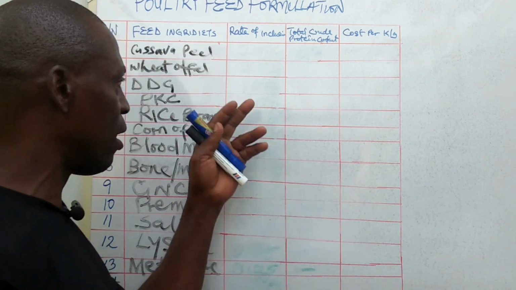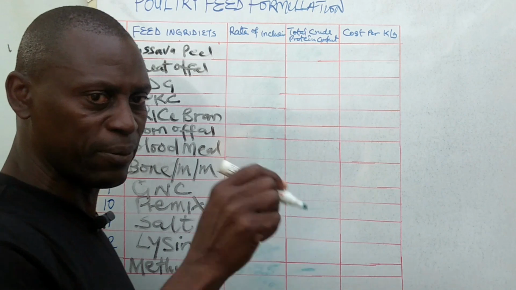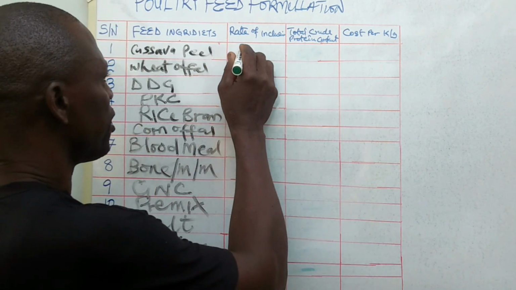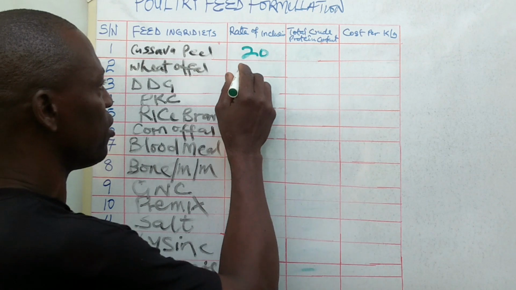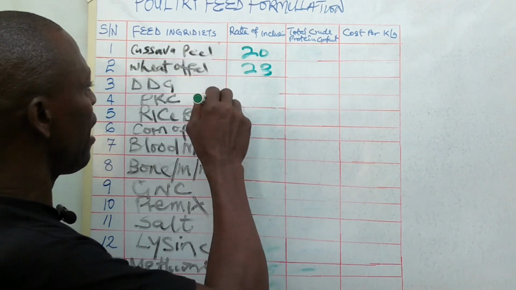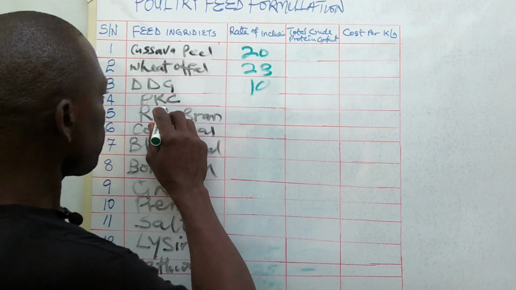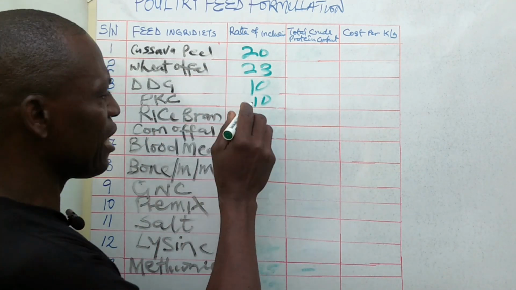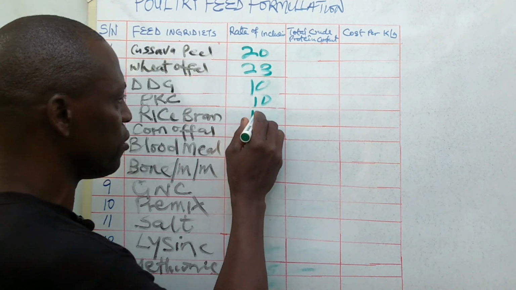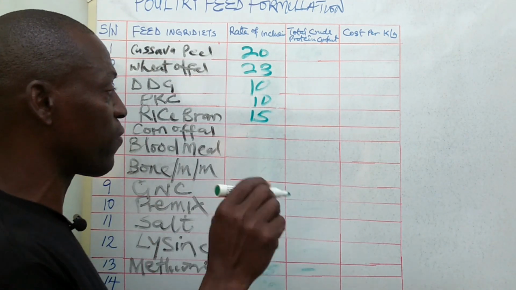So let's start. Now let's make use of 20 kg of cassava peel because we are trying to drop the poultry feed cost. Here, for wheat offal, we're using 23 kg. Now, brewers' dry grain, let's make use of 10 kg here. Then palm kernel cake, let's make use of 10 kg. Then rice bran, we're making use of 15 kg. Then corn offal, we're making use of 5 kg.